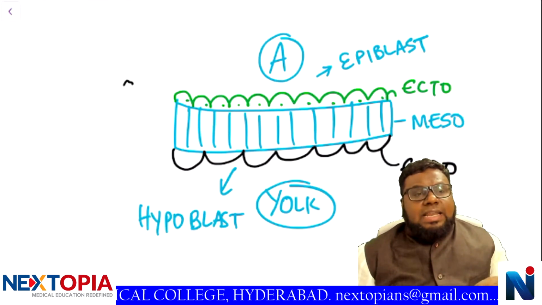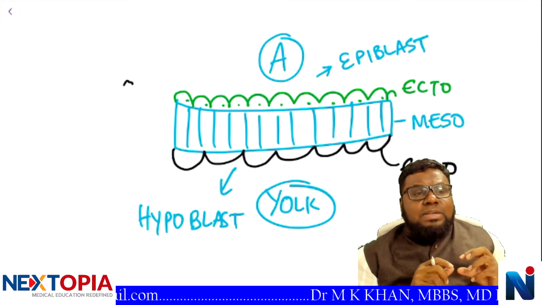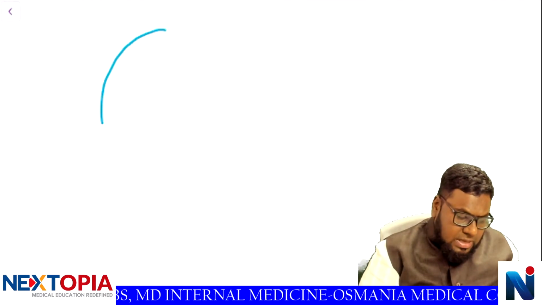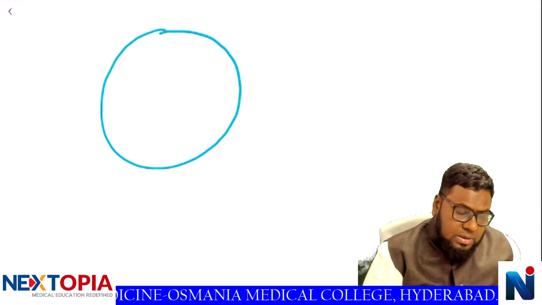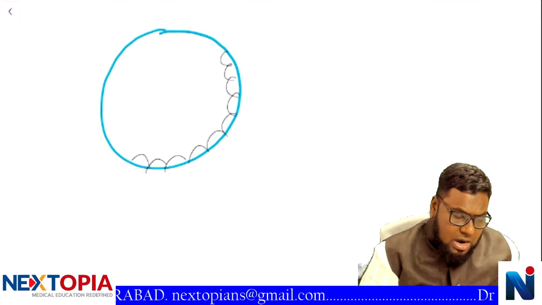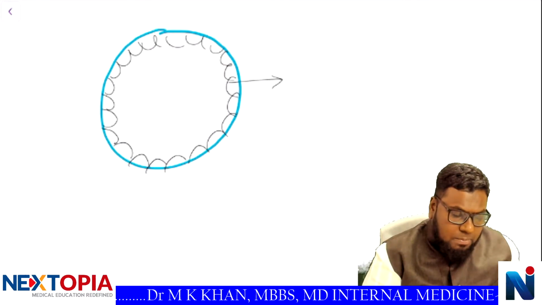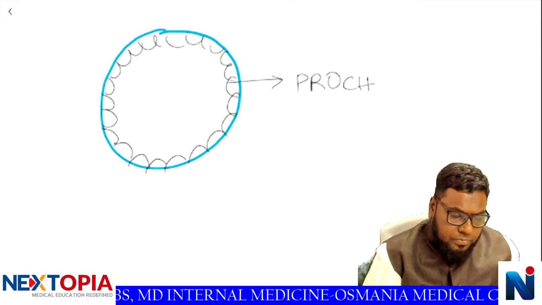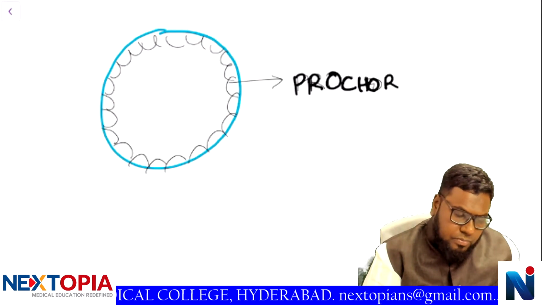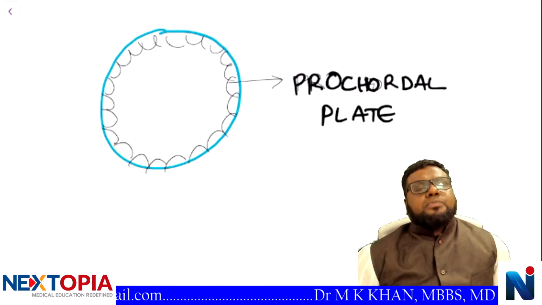At one circular area near the margins of the disc, the endodermal cells become columnar. So you can imagine if I draw a disc like this, an embryonic disc, you are seeing from the top or from below, the endodermal cells will become tall columnar like this in the outermost portion or margins of the disc to form what is known as the procaudal plate.